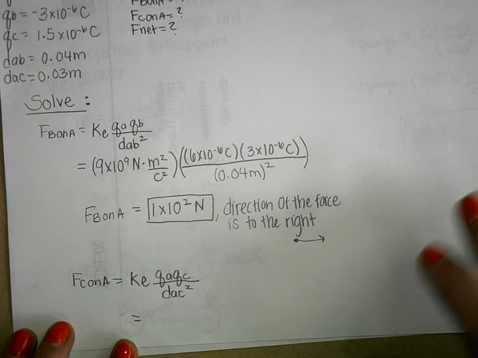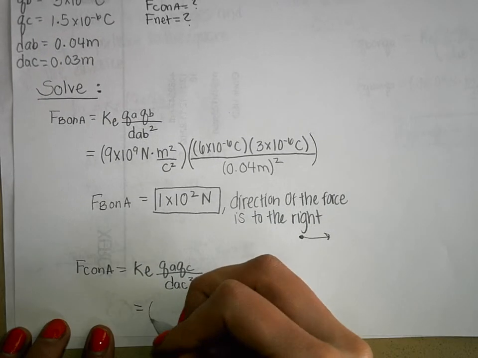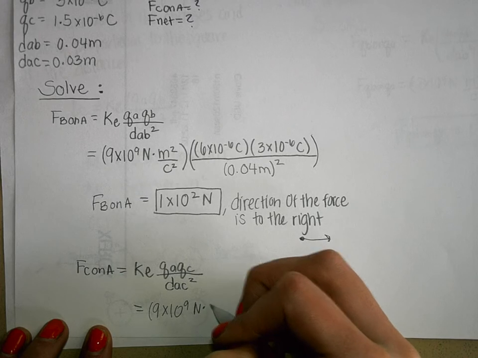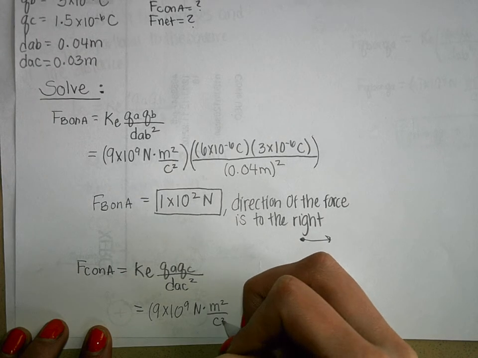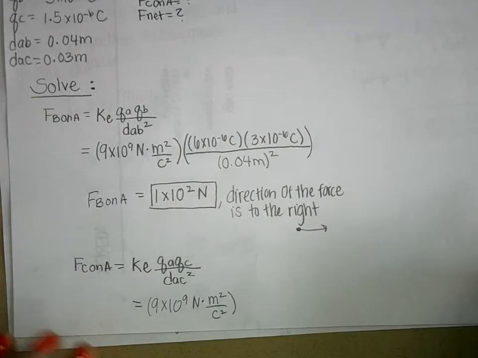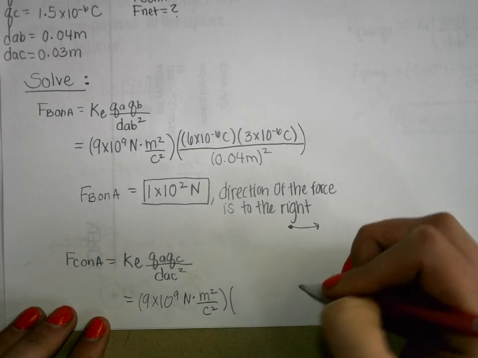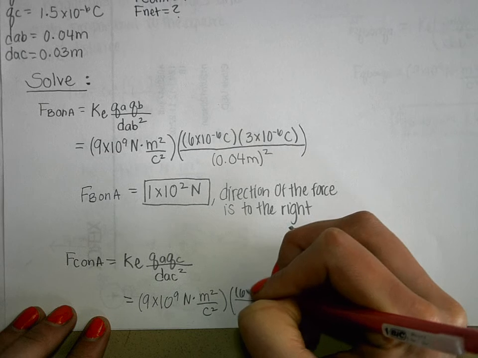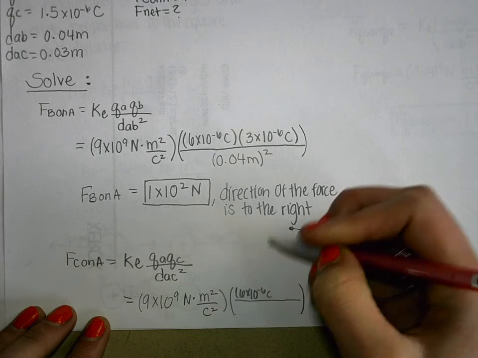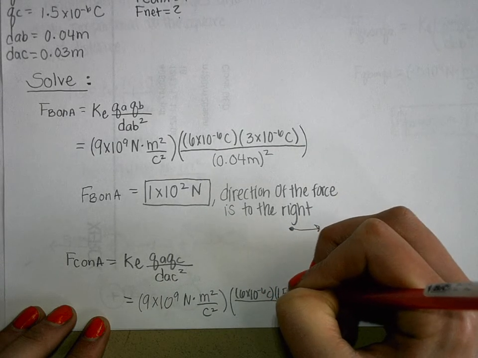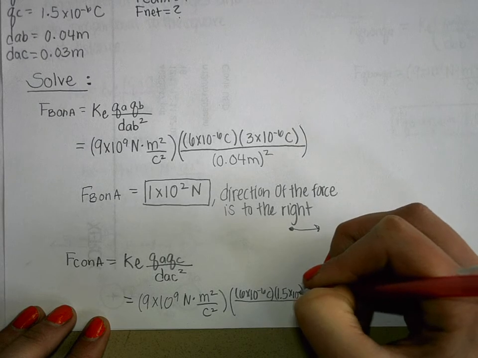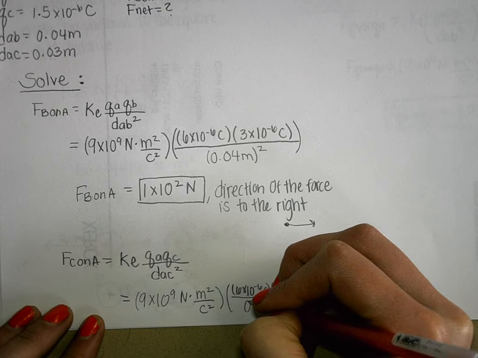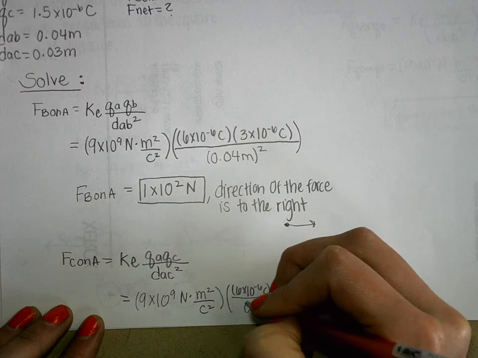Then when you plug in your numbers, that's just 9 times 10 to the 9th newtons per meter squared over coulomb squared, times 6 times 10 to the negative 6 coulombs times 1.5 times 10 to the negative 6 coulombs divided by 0.03 meters squared.